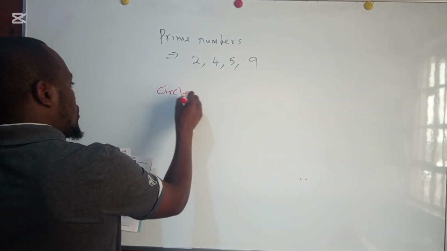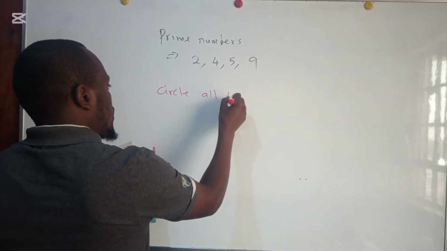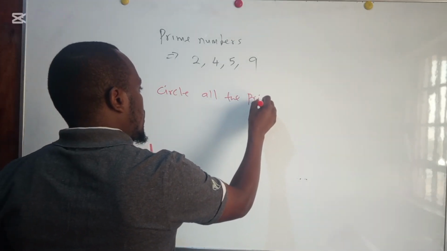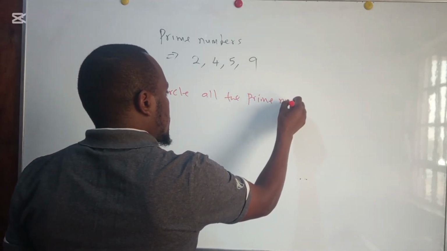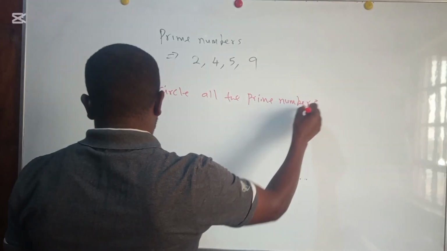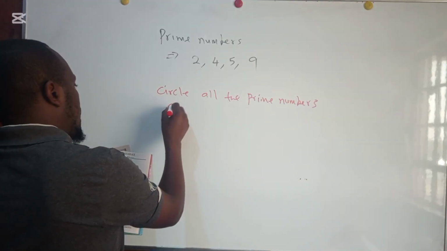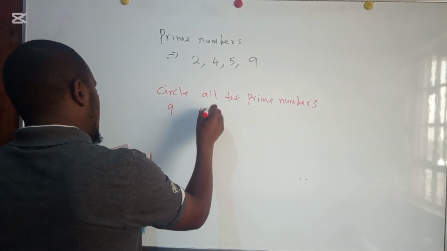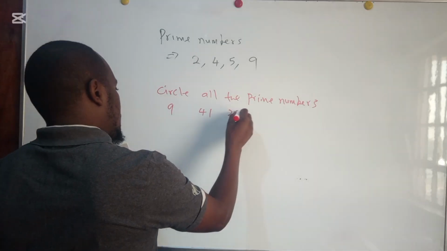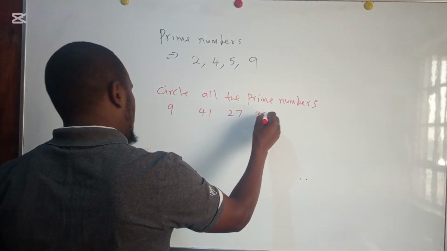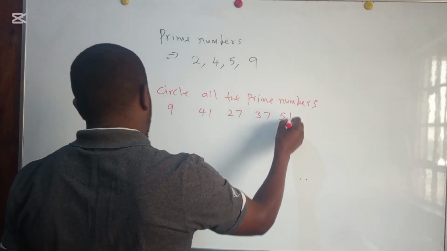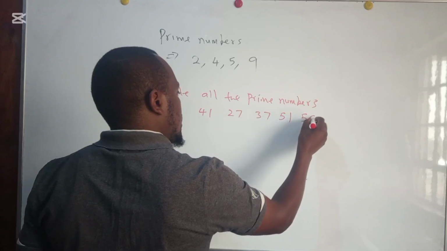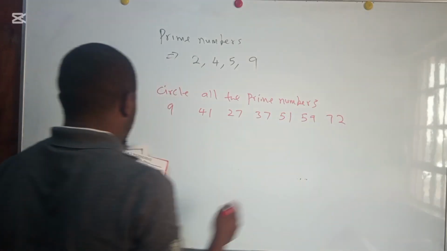You're given 9, 41, 27, 37, 51, 59, and 72.